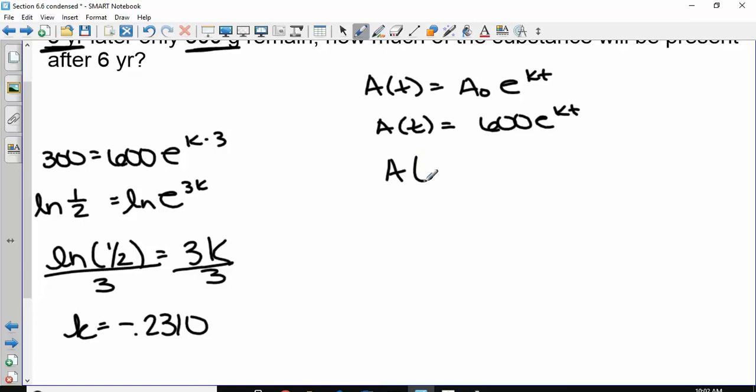We're getting a negative value for this because our amount is decreasing over time. So we should get negative 0.2310. Did everybody get that part to work out?